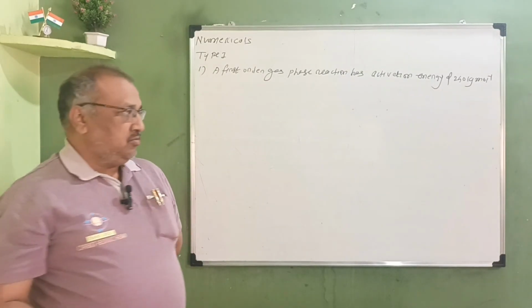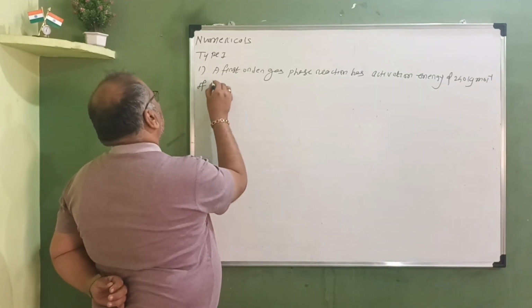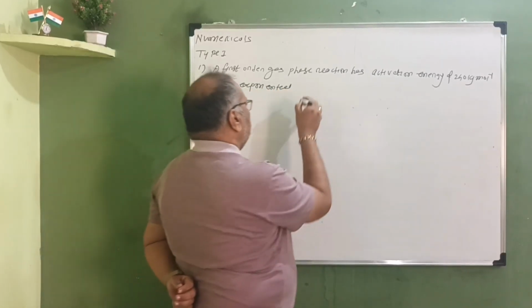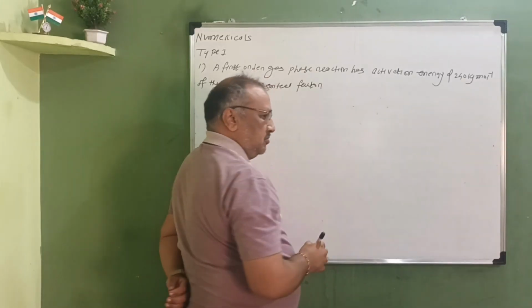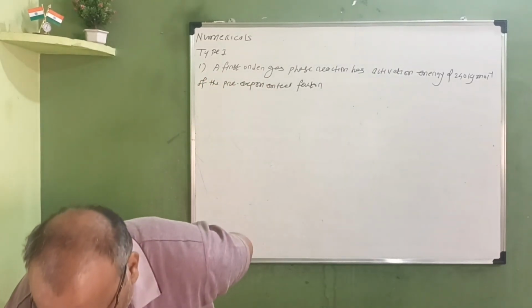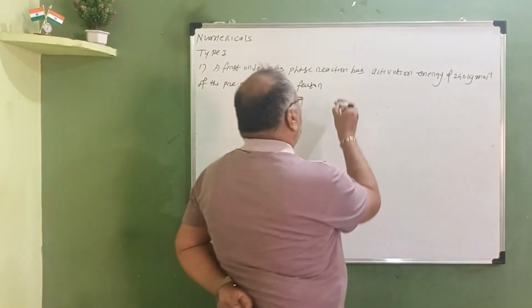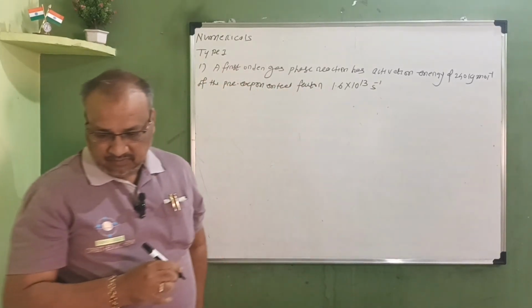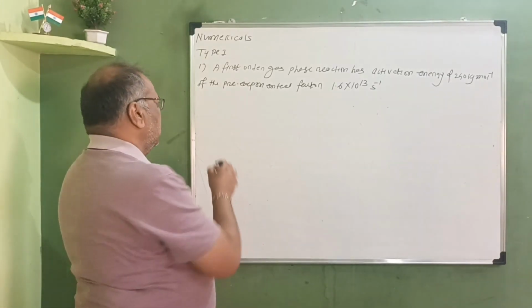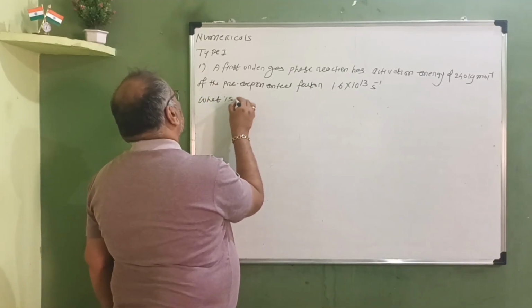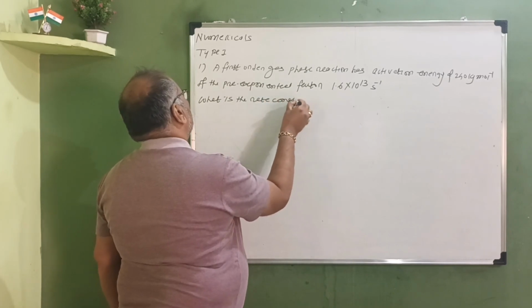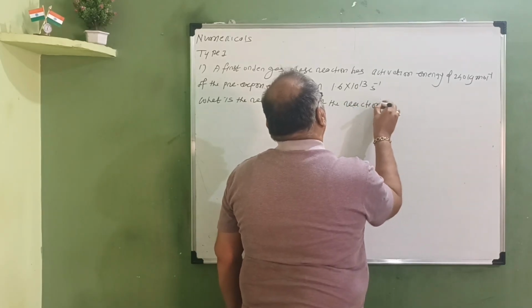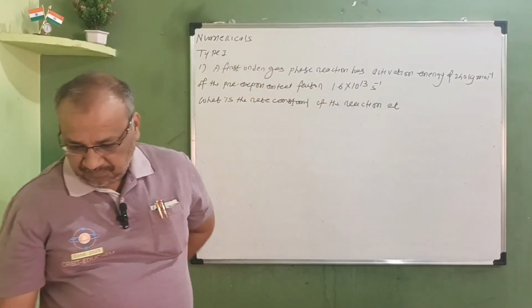If the pre-exponential factor is 1.6 into 10 to the power 13 second inverse, what is the rate constant of the reaction at 600 Kelvin?